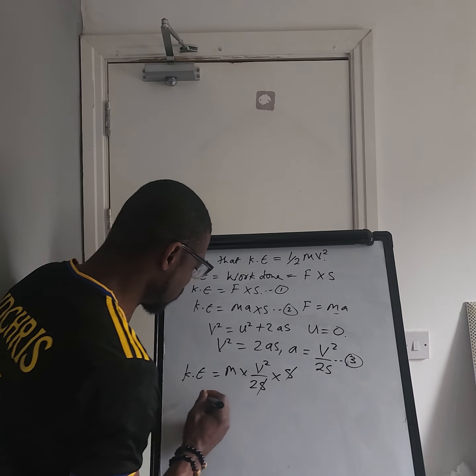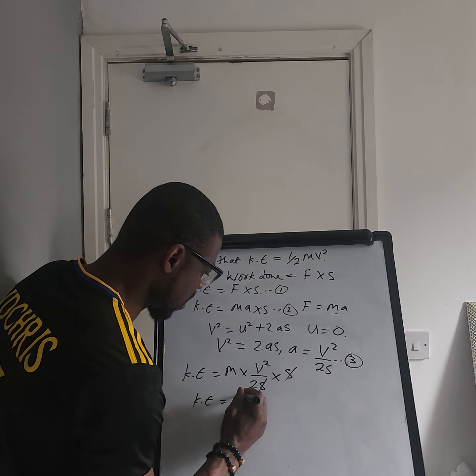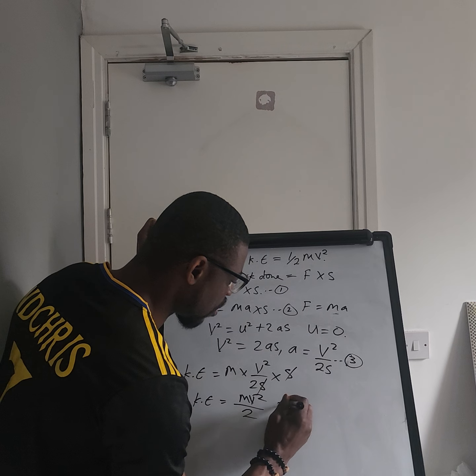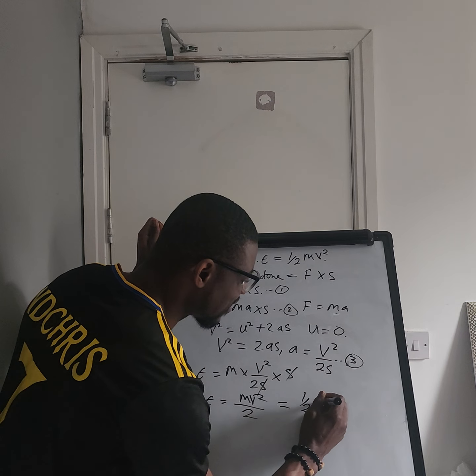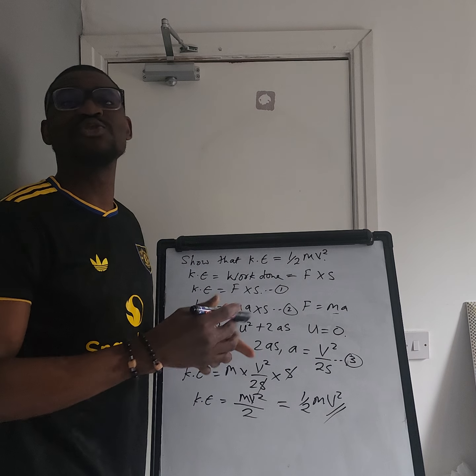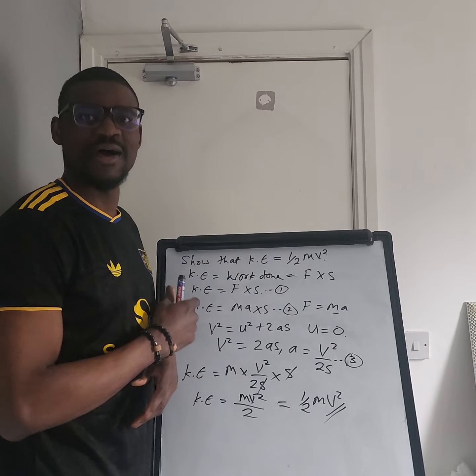This cancels out. So we have that kinetic energy equals mv squared all over 2, or equals 1 over 2 mv squared. This is how to derive this important formula. All right?